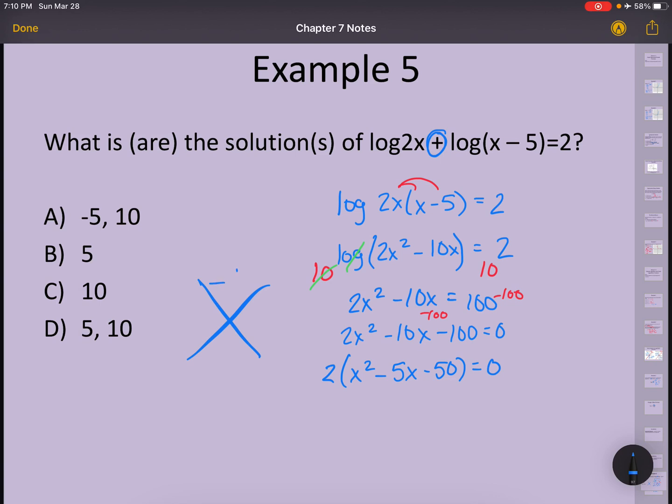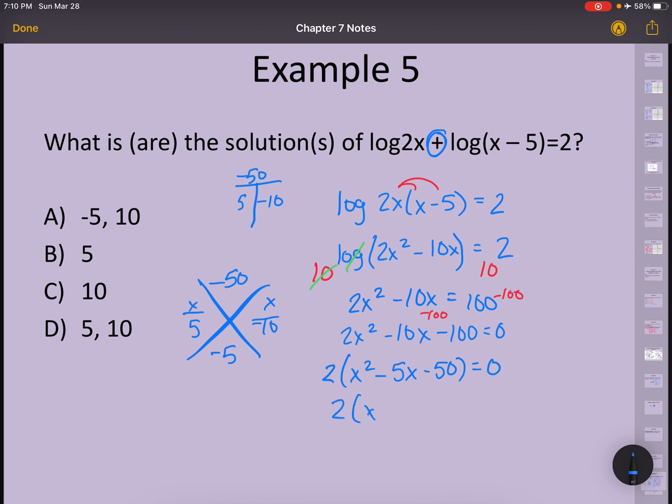So I need to put negative 50 up top and negative 5 in the bottom. And we're trying to find factors of negative 50 that multiply to make negative 50 and add to make negative 5. Okay, so 5 and negative 10 do work because they multiply to make negative 50 but add to make negative 5.